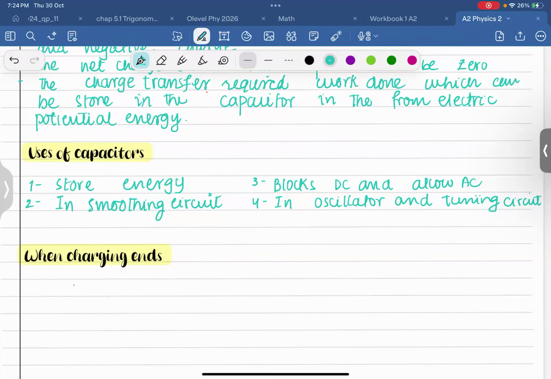If you write this point, you will get full mark, like 1 mark for that. You don't have to understand what those circuits are. By the way, oscillator circuits are circuits in which the energy oscillates from one form to another form, right? And the tuning circuit is the circuit that catches the frequency of the specific type you want.